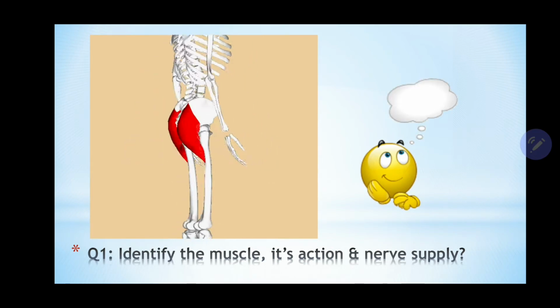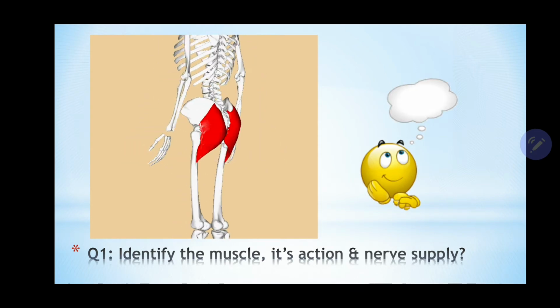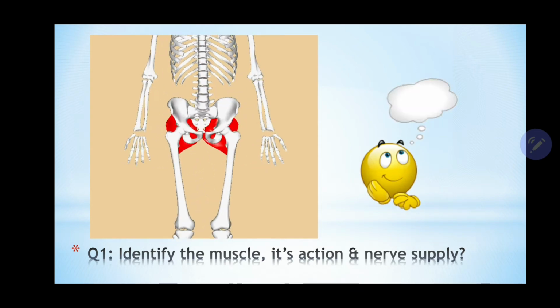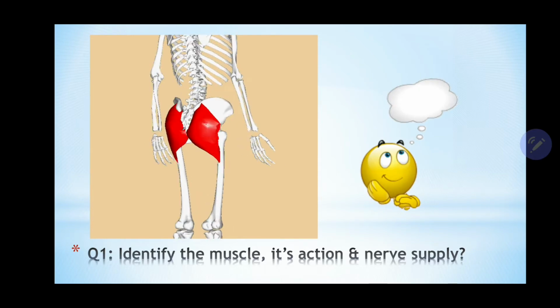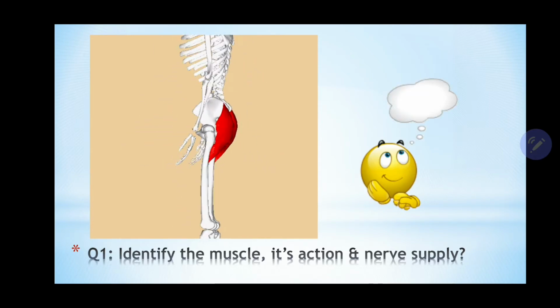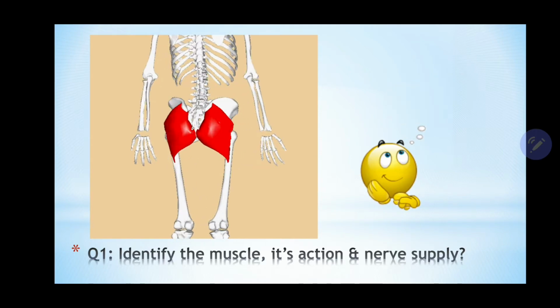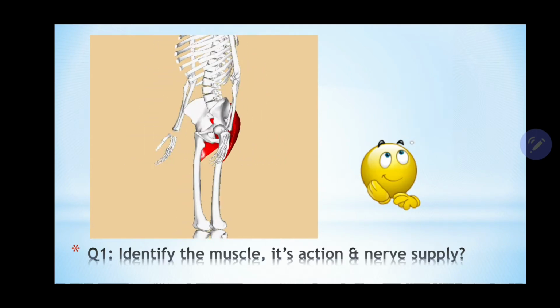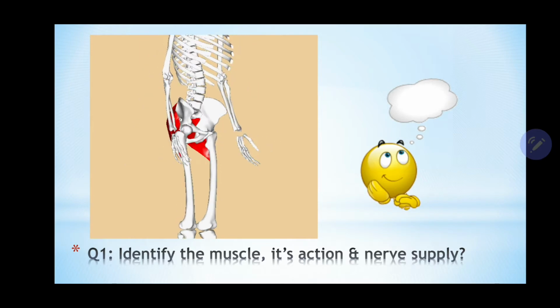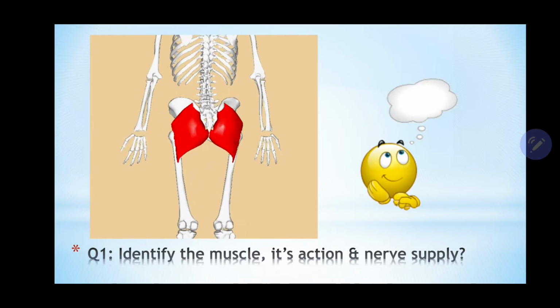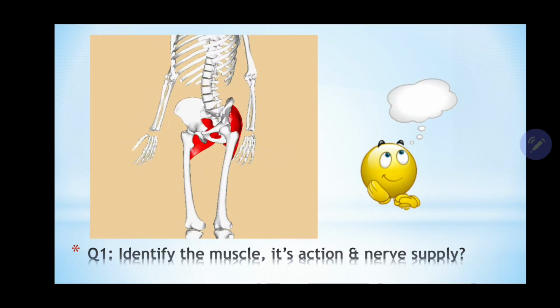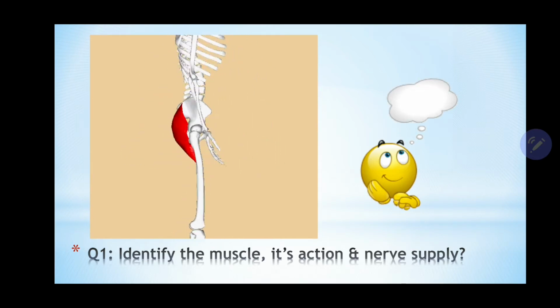A semi-flexed knee is an unlocked knee and an unstable position, but this muscle helps you maintain your position in an anti-gravity way along with another muscle attached to the iliotibial tract, tensor fasciae latae. I'll tell you again when I talk about the other muscle. These are the actions of this muscle.